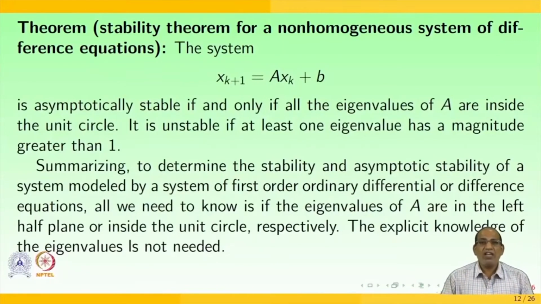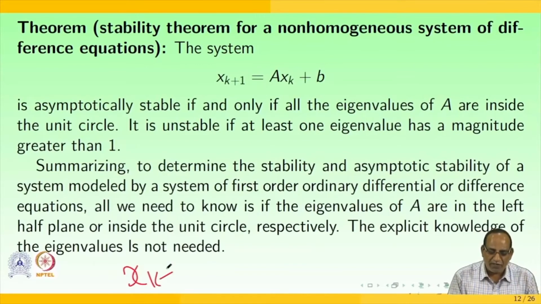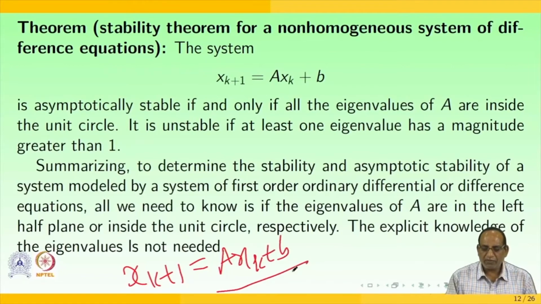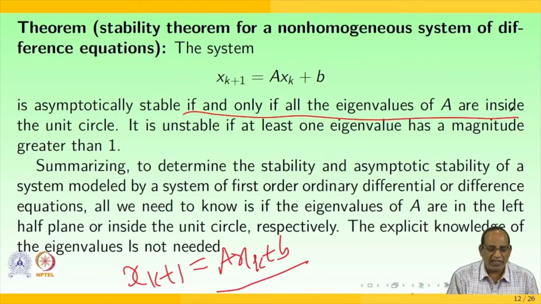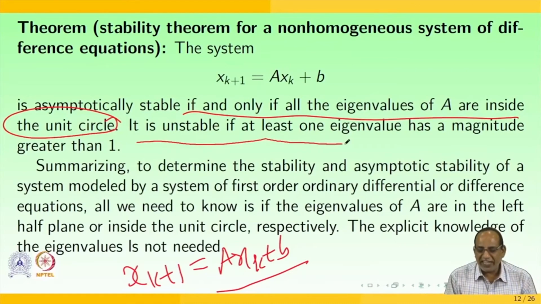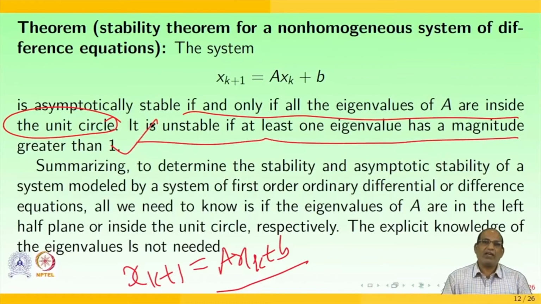The system x of k plus 1 equal to Ax of k plus b is asymptotically stable if and only if all the eigenvalues of A are inside the unit circle. It is unstable if at least one eigenvalue has magnitude greater than 1.